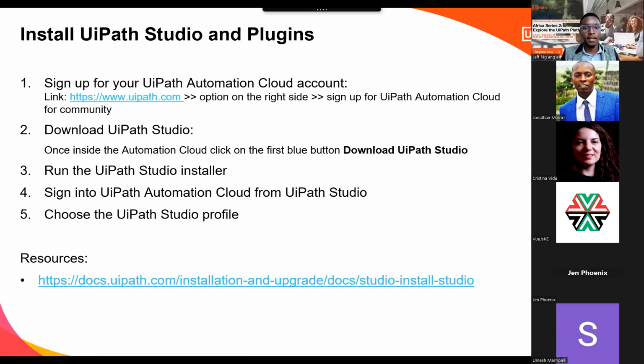Once you've created the account, the next thing you'll do is download UiPath Studio. Once you've downloaded the installer, it's going to prompt you to sign in to the UiPath Automation Cloud account that you have created from Studio. Then once you have signed in, you're going to choose the UiPath Studio profile, and there you go, you're going to be ready to start developing your first process.